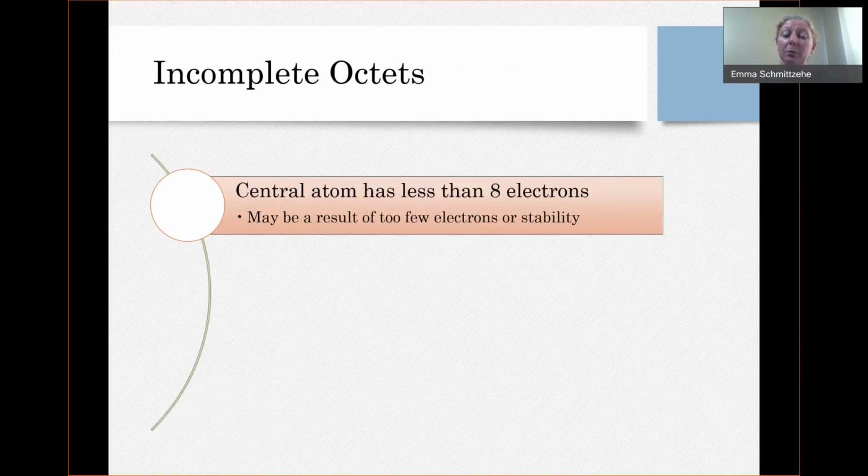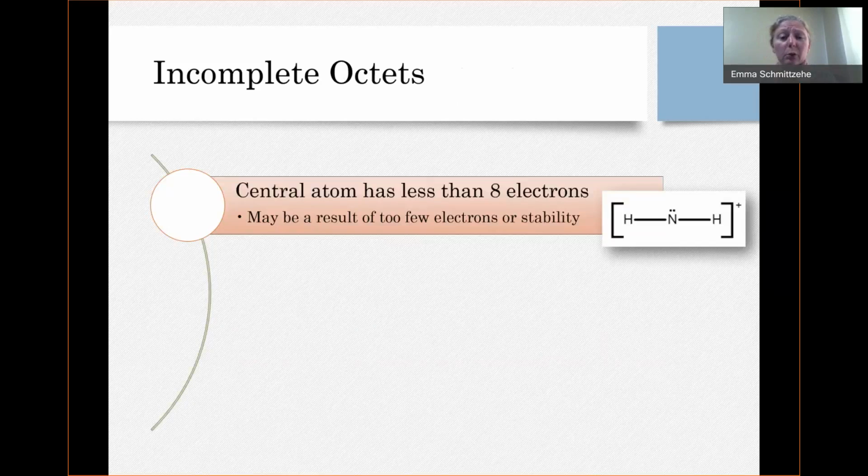That would be when your structure has less than 8 altogether. You definitely can't fill an octet on a central atom if you don't even have 8 in the structure. Sometimes it happens for stability reasons. There's some elements that just favor having less than an octet, and that's really the main thing that you need to realize.